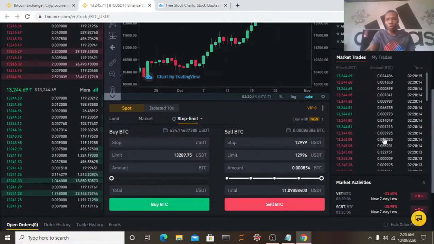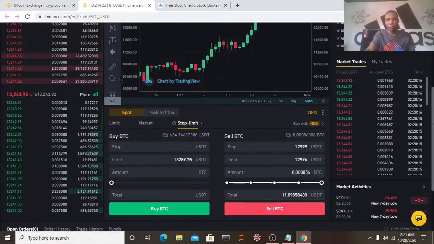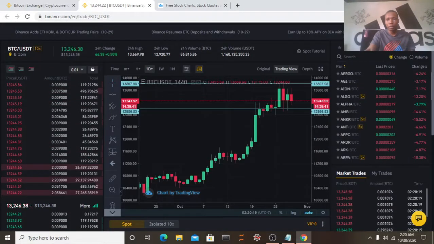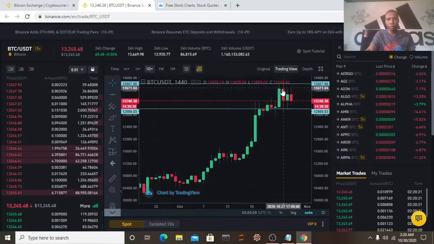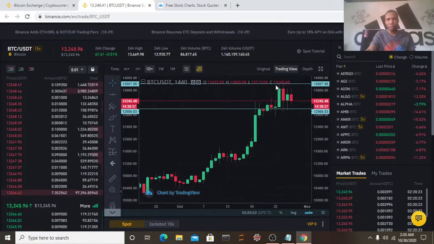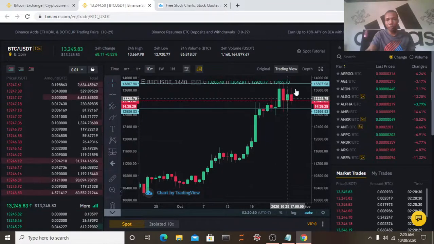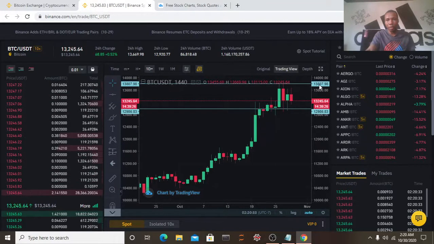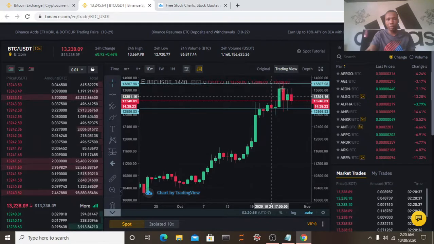Now let's go long. How to go long on Bitcoin? Okay, this is it now. Let's take this part over here as our resistance level. So if Bitcoin should break this 13,807, we might see a bullish trend. That means I'm going long.